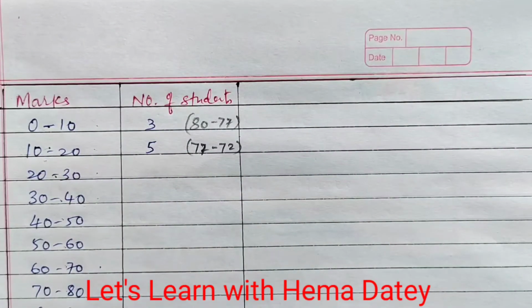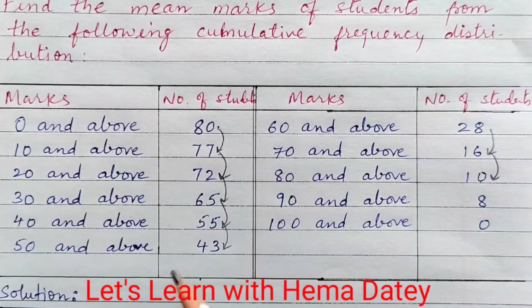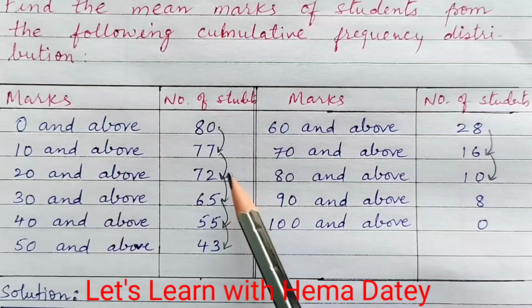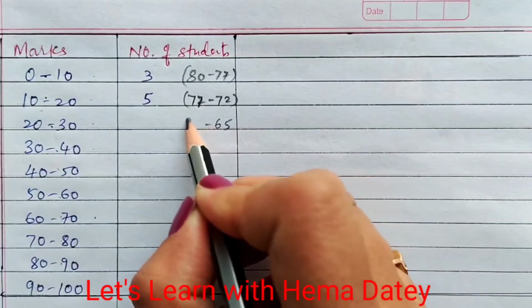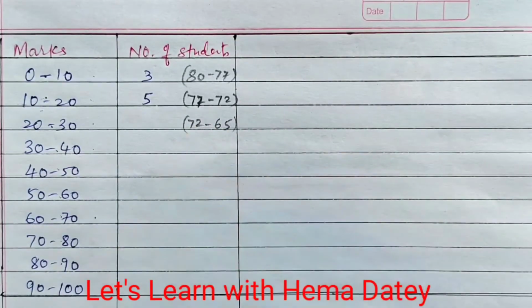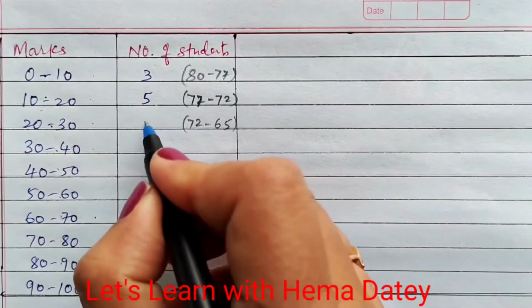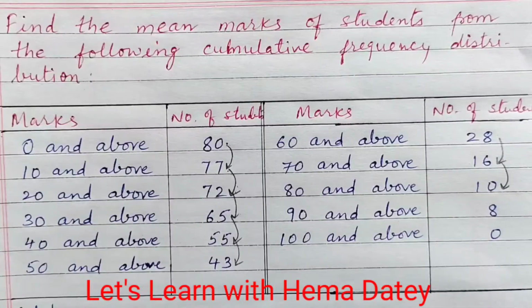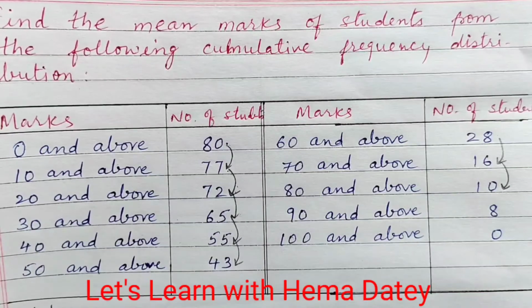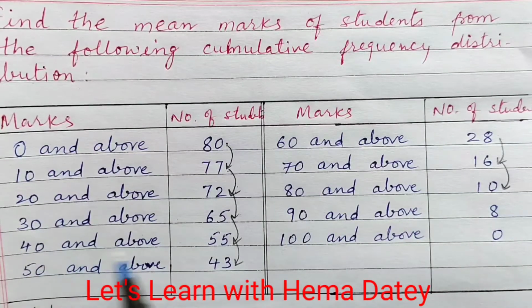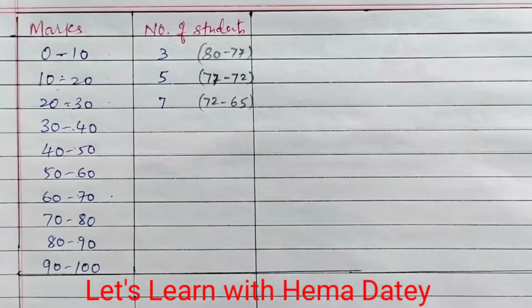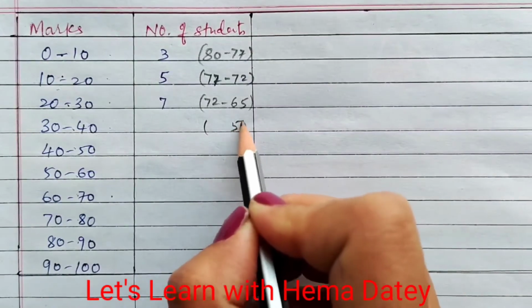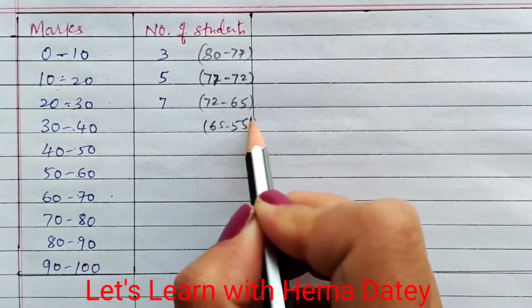Now the students getting marks 20 to 30, for this we'll subtract 65 from 72 and we'll get 7. To get the number of students getting marks from 30 to 40, we'll subtract 55 from 65 and we'll get 10.